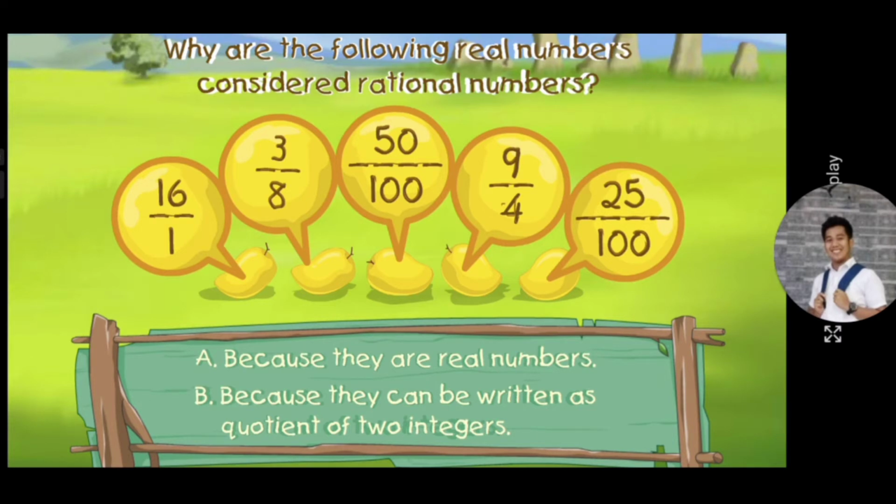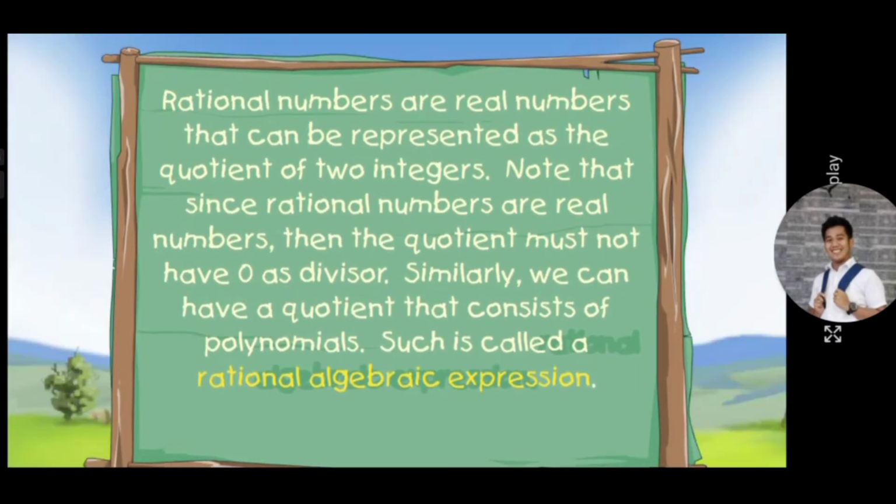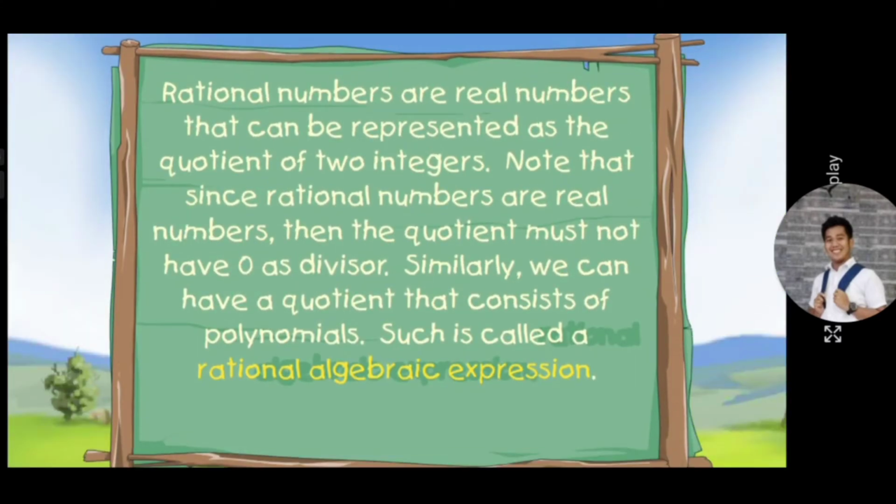Think of your answer, and that will be the definition of rational numbers depending on your answer. And our answer is letter B, because they can be written as a quotient of two integers. So always remember that.